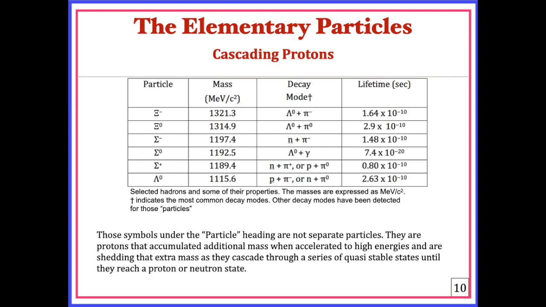They are protons that have accumulated excessive mass for their at-rest timescale. They keep shedding energy from one quasi-stable state to another until they reach a proton or neutron. And that series started with a proton of mass less than 1.5 times its rest mass and shows how it gets rid of excess mass by shedding harmonics of its structure.